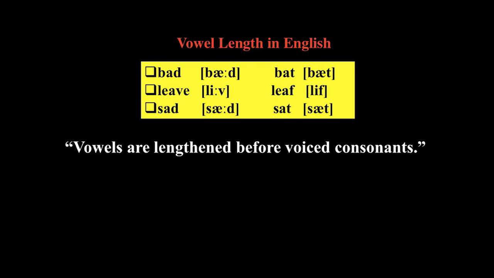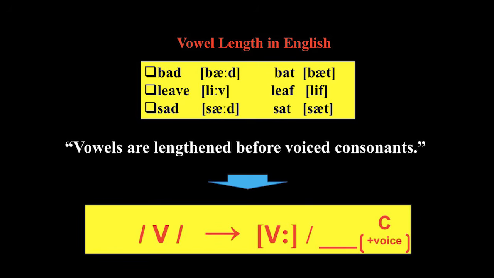Now, how can we translate this into phonological rule notation? We simply write V for vowel becomes V followed by two dots, which is a long vowel, whenever it is followed by a consonant C, and we specify exactly the voicing, plus voice. We say vowels become lengthened whenever they are followed by voiced consonants.